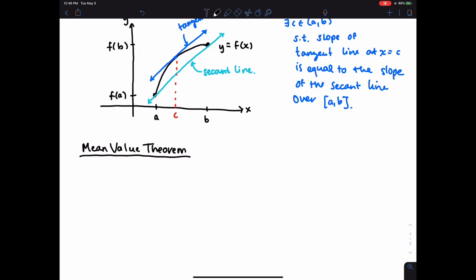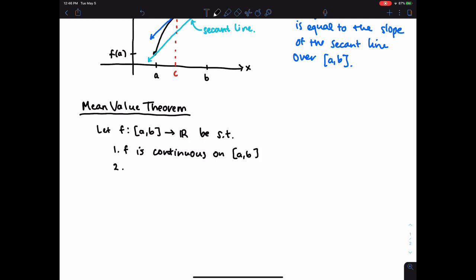And so this says, let f defined on the closed and bounded interval [a, b] be such that f is continuous on the closed interval [a, b] and differentiable on the open interval.